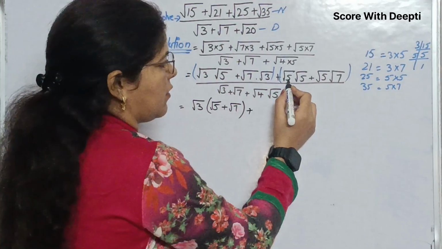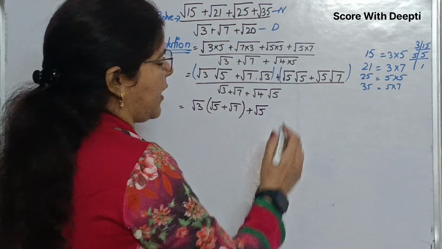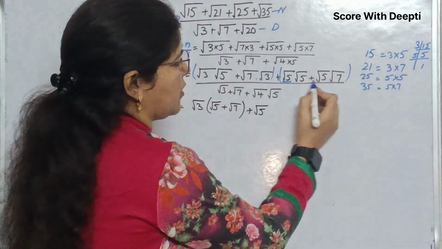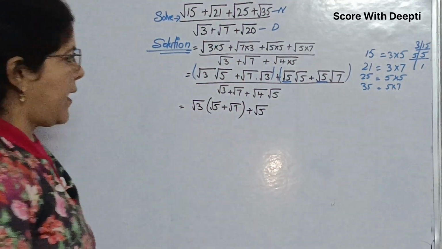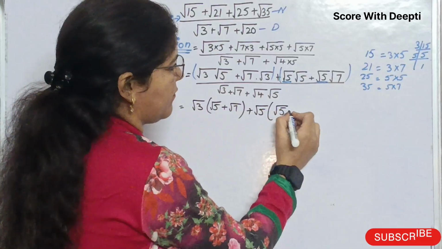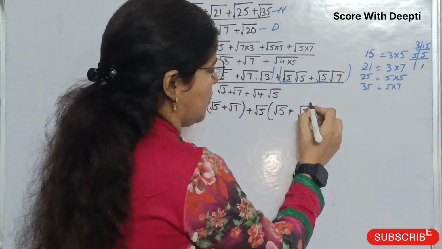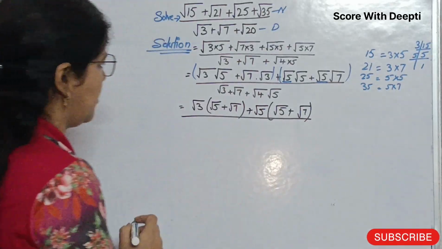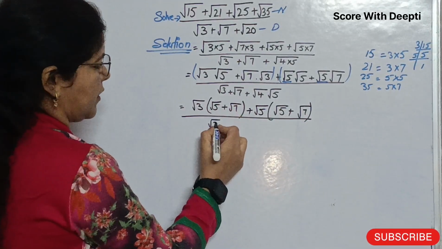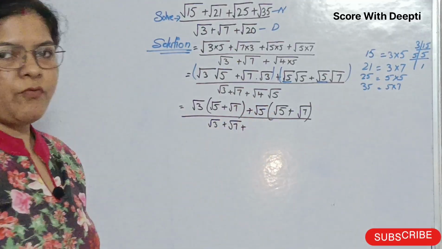Next, plus, we take out square root 5 as it is common in both terms. Next we divide square root 5 by this term, we get square root 5, and square root 5 by this term, we get square root 7, over square root 3 plus square root 7 plus square root of 4.